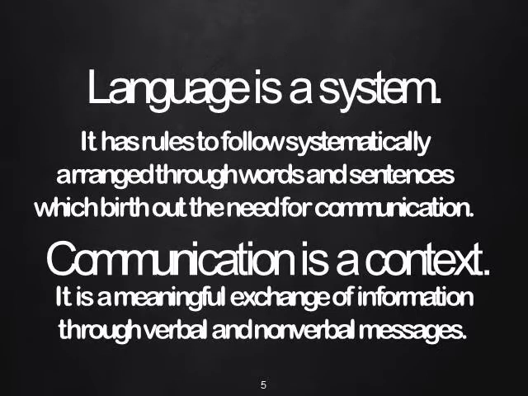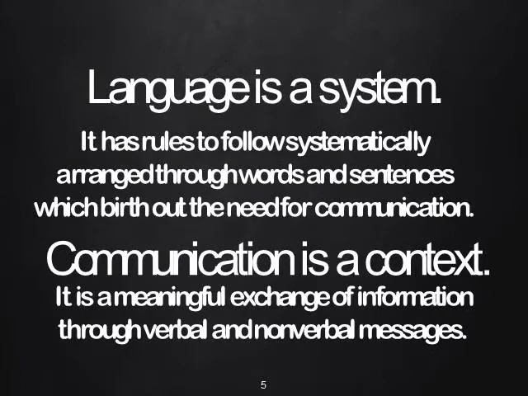Now, humans are unique. Chomsky said that we have this universal grammar, that we are innately bestowed with language, the ability to have a system using words and sentences that will be part of communication.